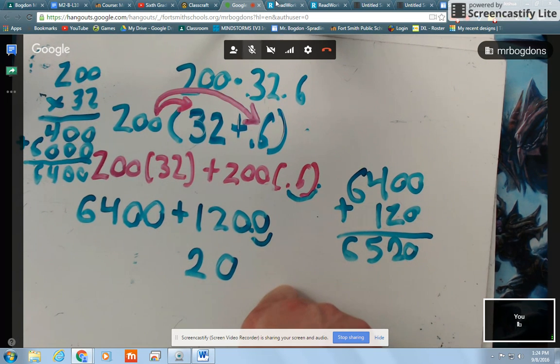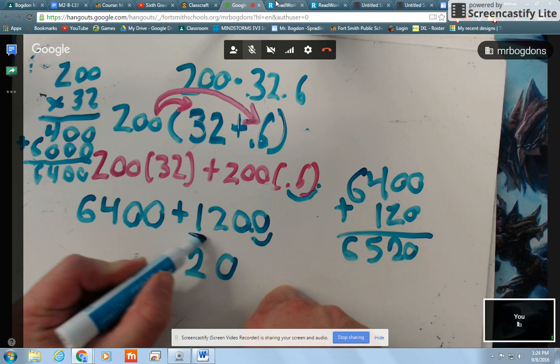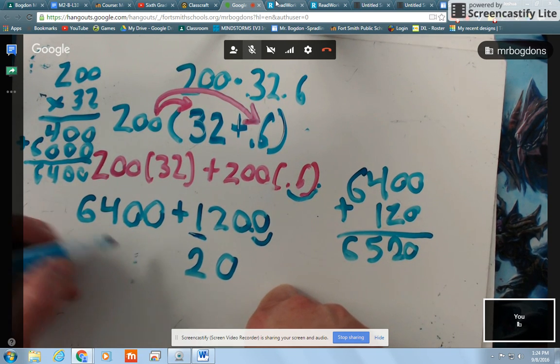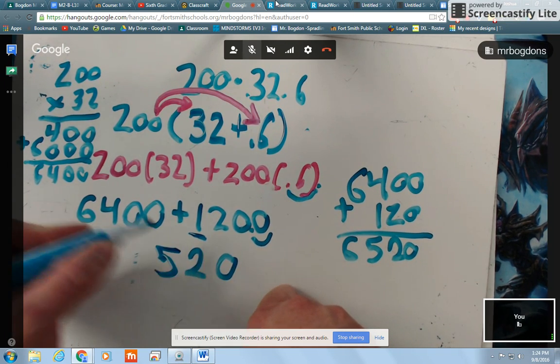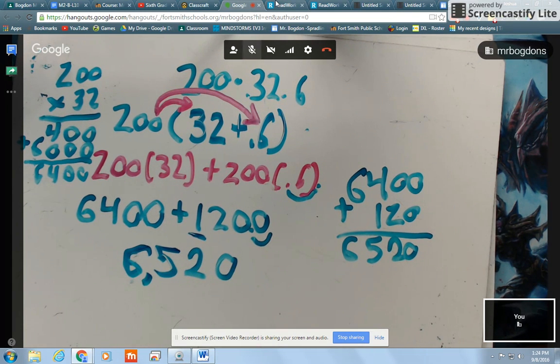Think about this critically. Everyone can add 2 plus 0. I know you can. Engage. Now I have 100 plus 400. How many hundreds do I have? 500. 6,000 plus 0 thousands. 6,000. Wonderful. We can do this. So I got the same answer, just looking at it place value by place value.